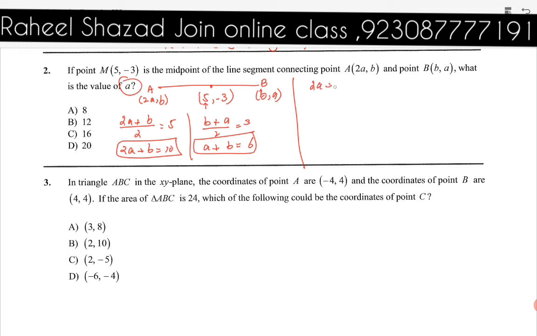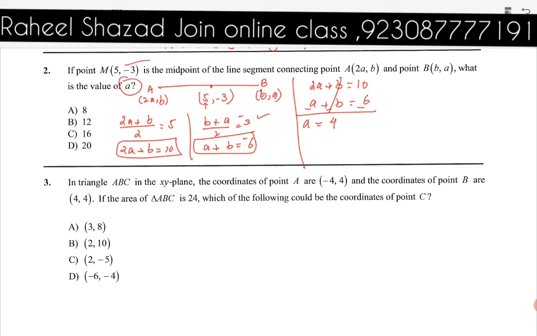So it is 2a plus b is equal to 10 and a plus b is equal to minus 6. We're going to subtract. Okay, I missed this sign: the midpoint is 5 and minus 3. Here it's minus 3.